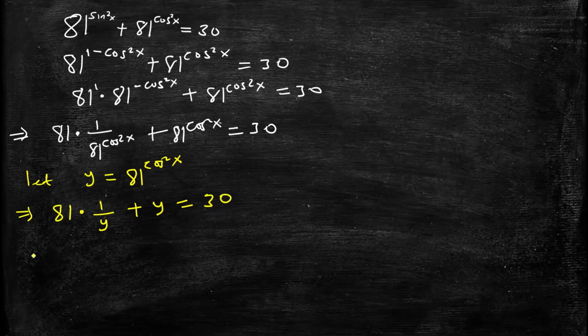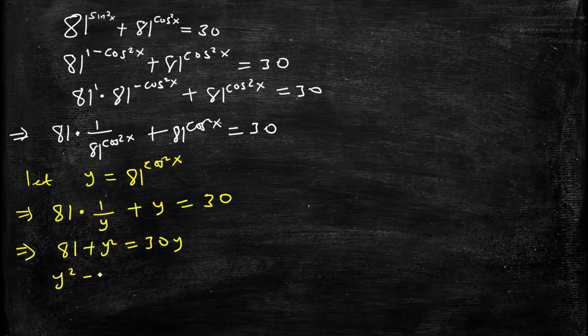Okay, let's simplify this. This one is the same as 81 over y. So multiply through by y, we have 81 plus y squared equals 30y.